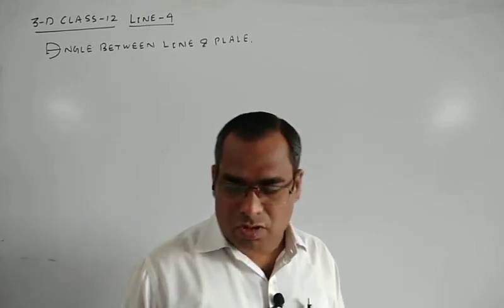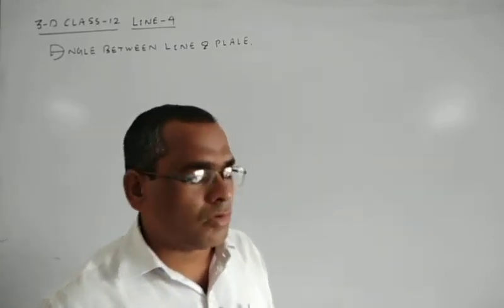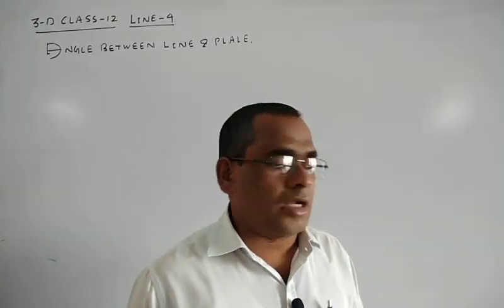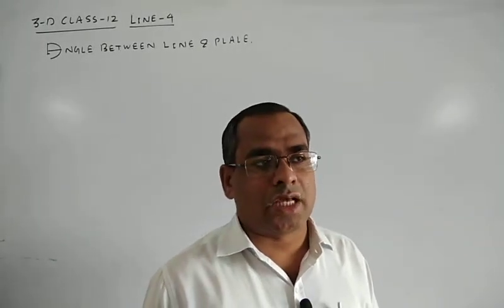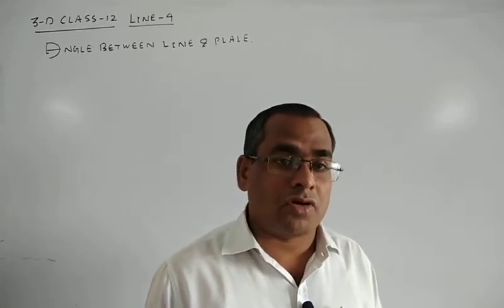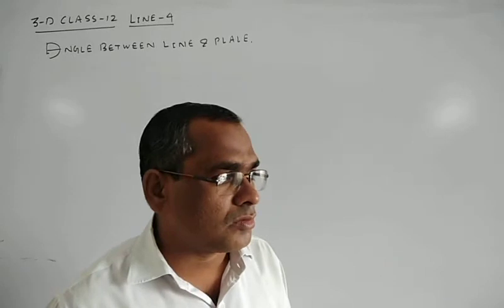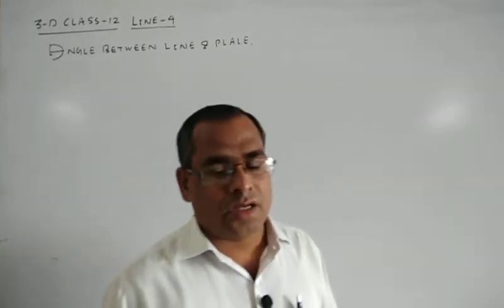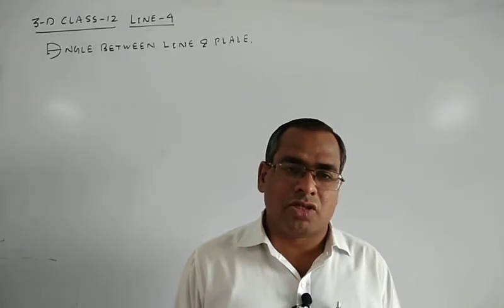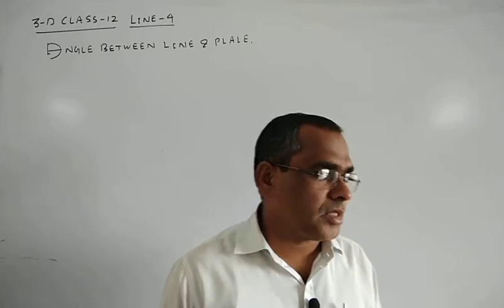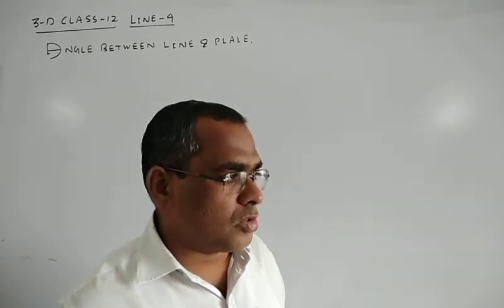Last class we already discussed the condition for a line to lie on a plane, the conditions for two lines to be coplanar, the equation of the plane containing L1 and L2, the condition for two lines to intersect, and how to transform the unsymmetrical form to the symmetrical form. And there are problems also.